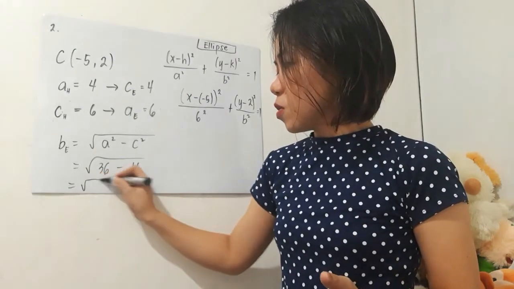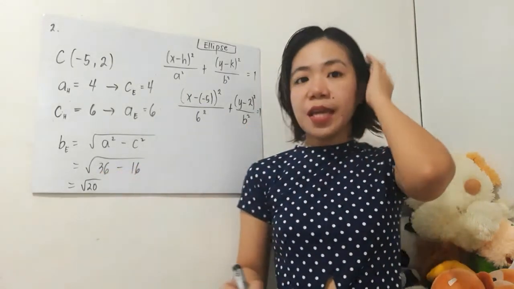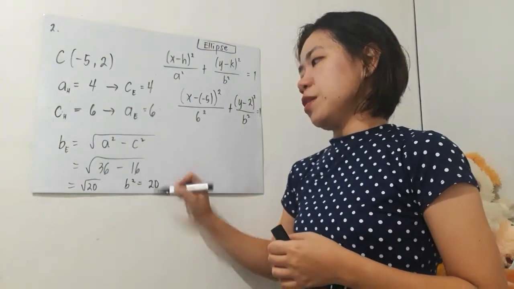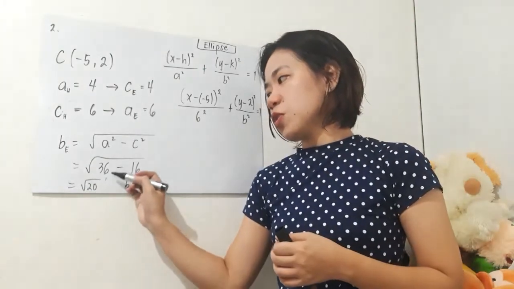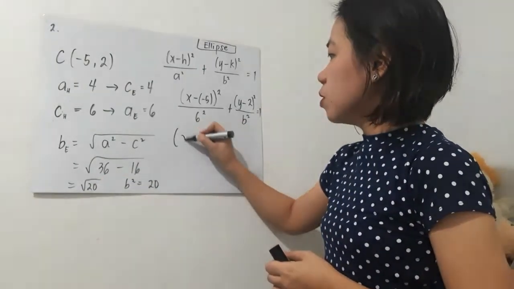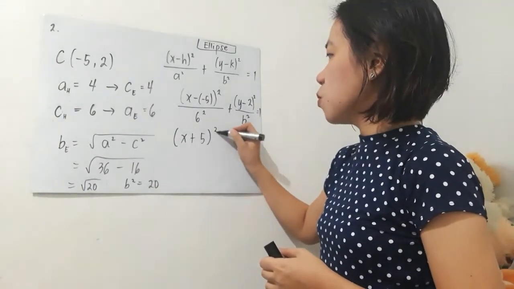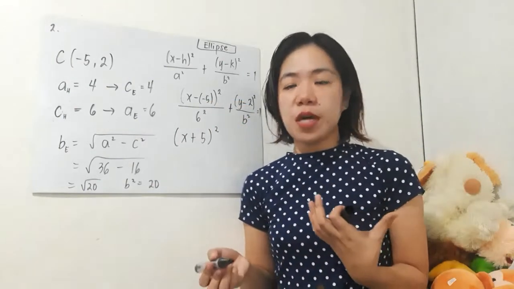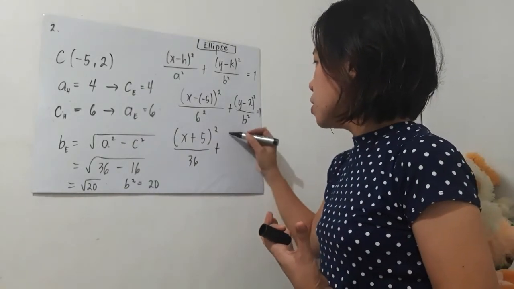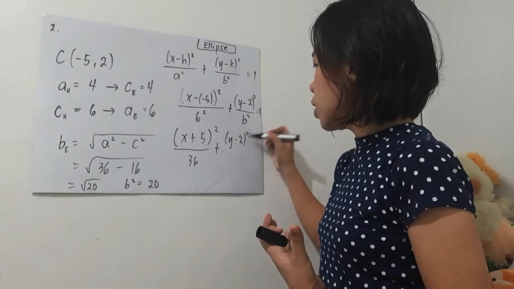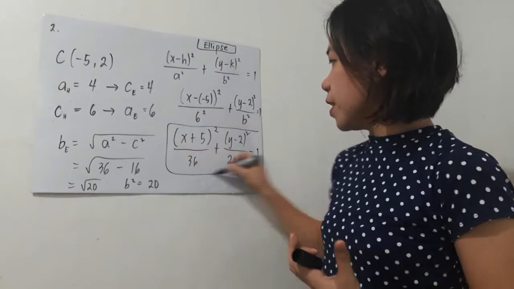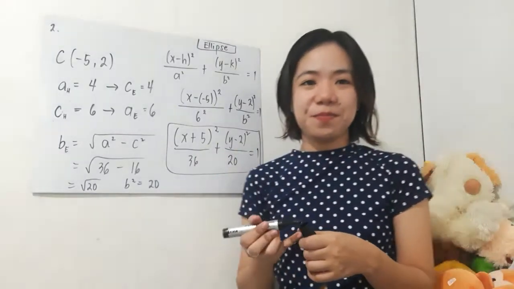Therefore, b squared is 20. So if you square root this one, you'll just have to cancel the radical. So this is now the quantity of x plus 5 squared (minus negative becomes plus) all over 6 times 6, which is 36, plus the quantity of y minus 2 squared all over 20 equals 1. This will be our final answer.